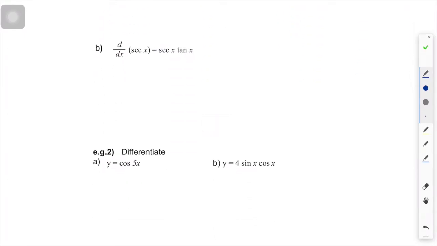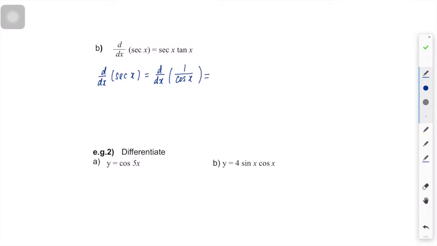B. The derivative of secant x, let's show that it is indeed secant tangent x. I'm going to take the derivative of secant x, which can now be written as 1 over cos. Okay.